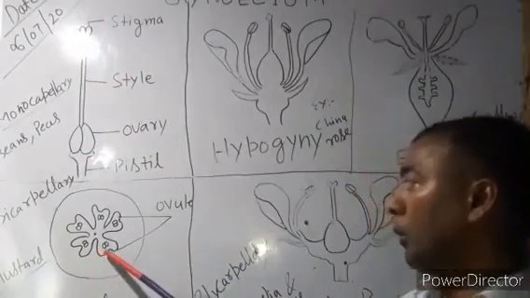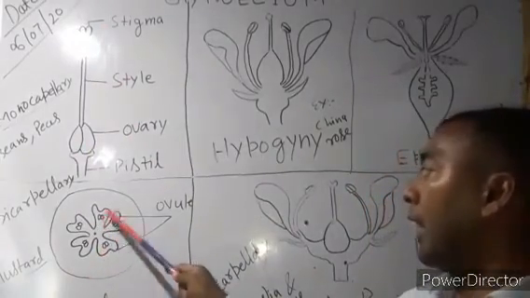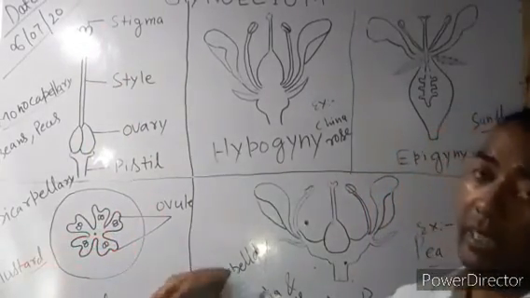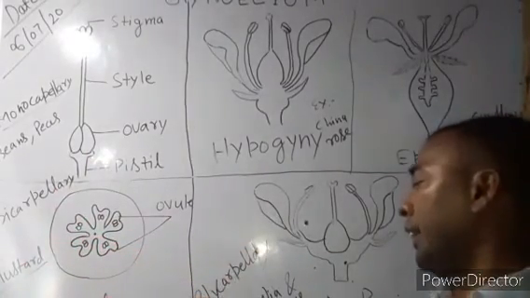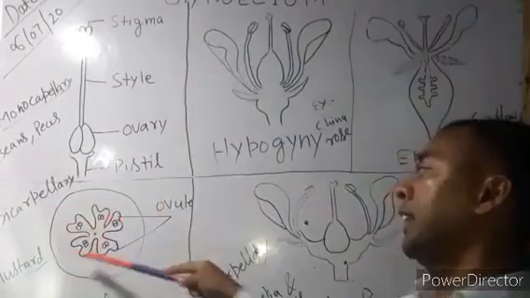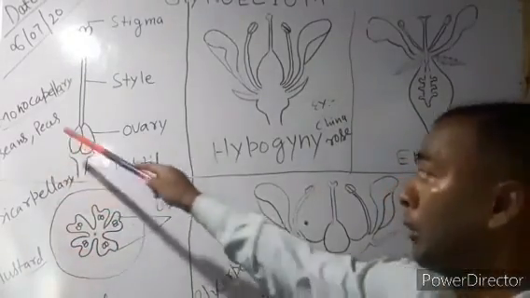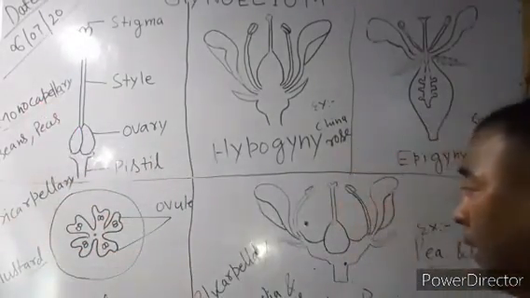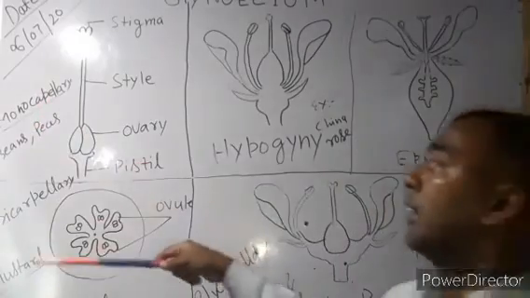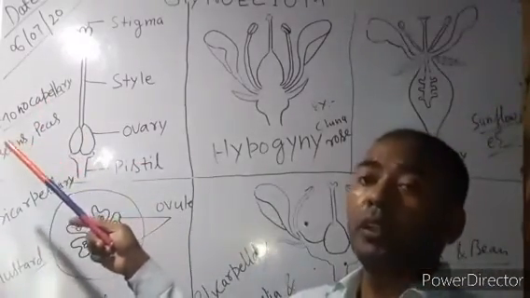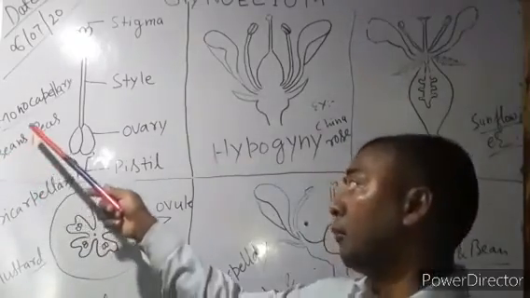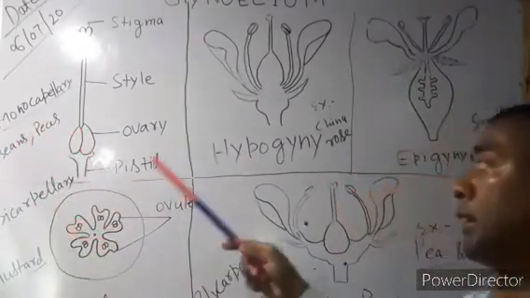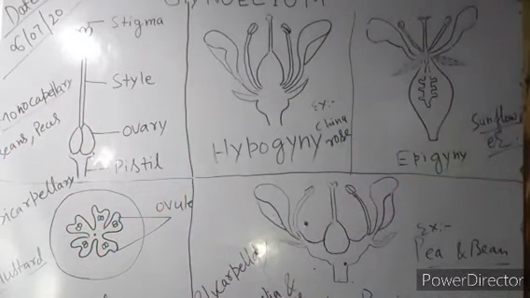After that I told you about the TS of ovary, as I told in the case of androecium. I told you about monocarpellary, bicarpellary and polycarpellary, that means one, two or many carpels are there.